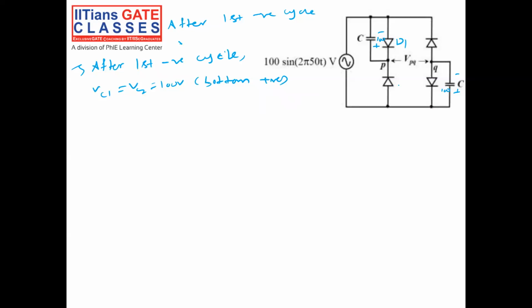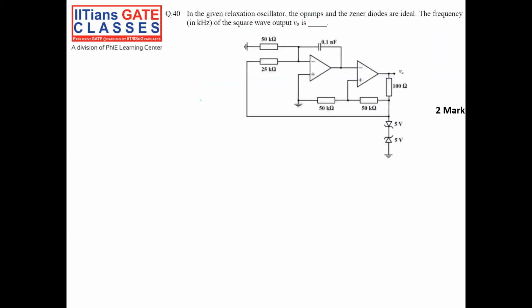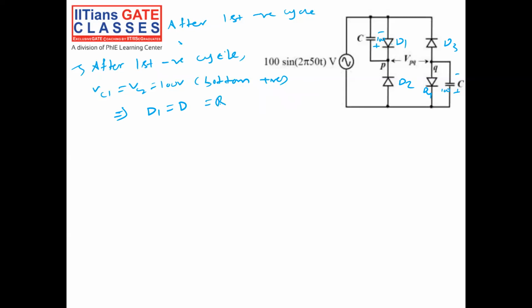That will make my D1, D2, D3, D4 such that D1 is reverse biased and D4 is also reverse biased. This implies D1 and D4 are reverse biased, so they are open. So after my first negative cycle, D1 and D4 will be open. Okay, let us go to the next cycle.